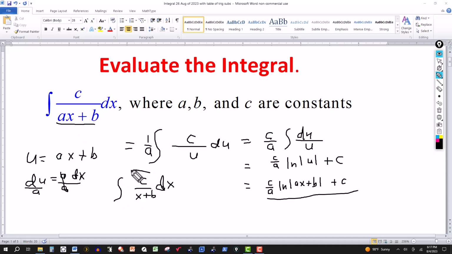Anytime you have anything like this, you don't have to use a U substitution. You can go directly from here and say, okay, if this is a 1, it's always going to be the natural log of absolute x plus b. And then the coefficient here is going to be whatever constant you have in the numerator. In this case, it's c.